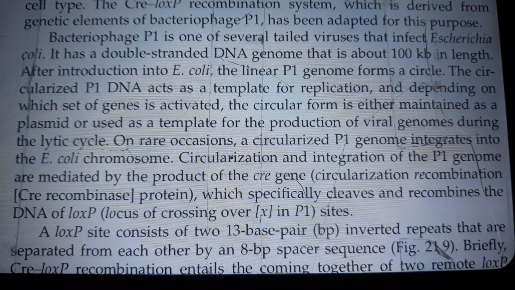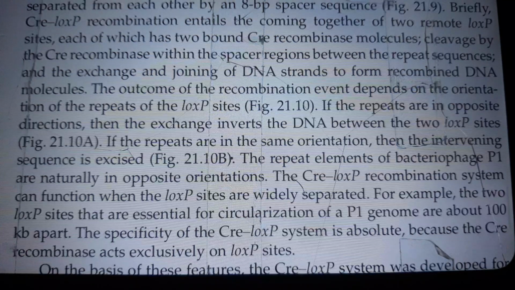On rare occasions, the circularized P1 genome integrates into the E. coli chromosome. Circularization and integration of the P1 genome are mediated by the product of the Cre gene, circularization recombination Cre recombinase protein, which specifically cleaves and recombines the DNA of loxP, locus of crossing over x in P1, sites.